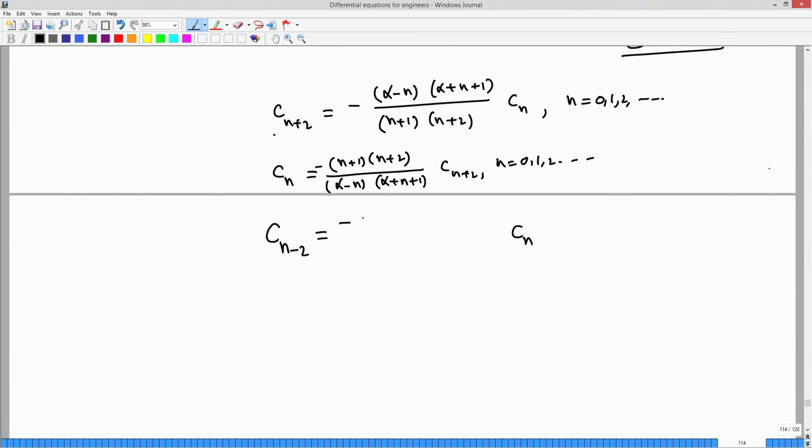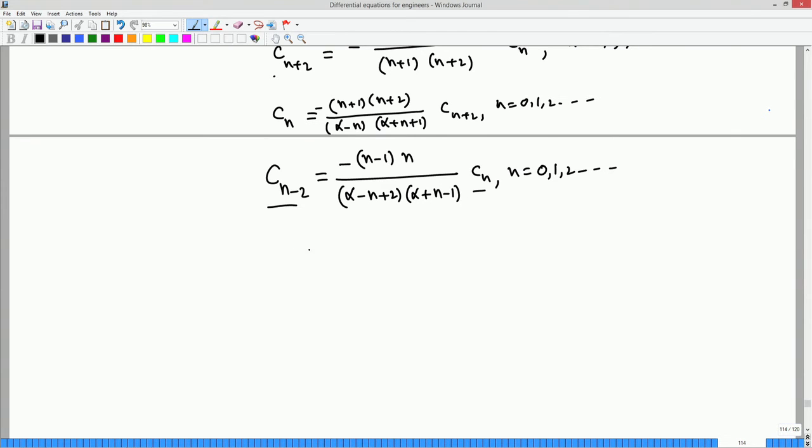So, n equal to n minus 2, so this is going to be n minus 1, n divided by alpha minus n minus 2, that is plus 2, into alpha plus n minus 1, n minus 2 plus 1. So, this is what you have into Cn, okay, n is from 0, 1, 2, 3 onwards. So, once you fix your n, you can write lower coefficients in terms of Cn, fixed n.